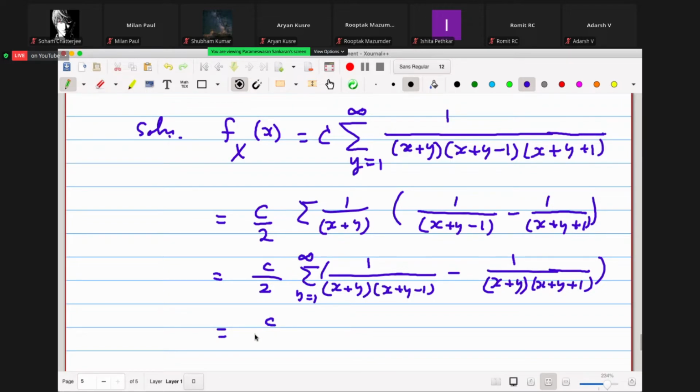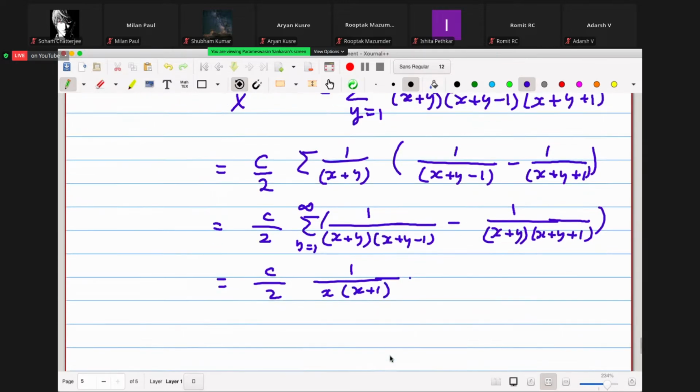So this is c by 2 times the y equals 1 term, which is 1 by x times (x plus 1). This is it.